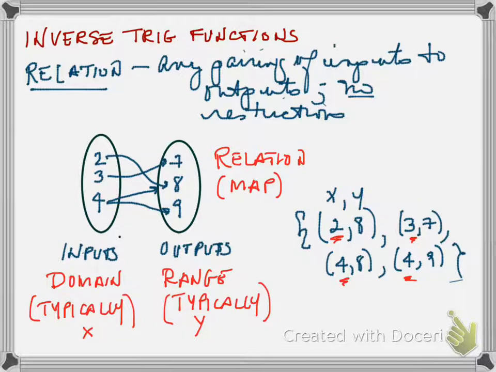So the fact that I used the 4 twice is going to tell me that this is a relation, but it is not a function. You can see the input 4 used twice. If you look at the map that I've drawn, you would notice that there are 2 arrows going from the number 4.